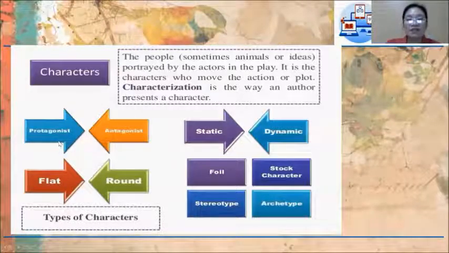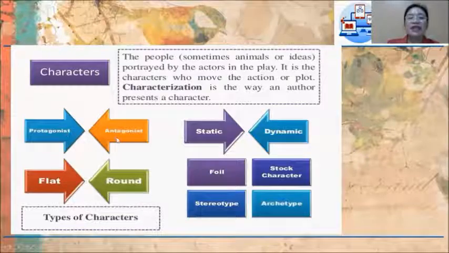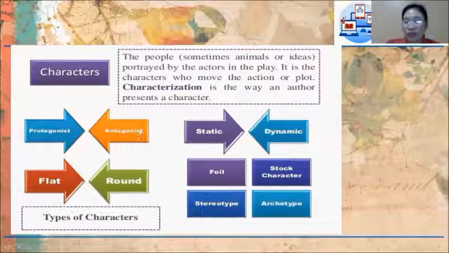Now, let's have first protagonist and antagonist. We all know that protagonist is the lead actor or the lead star. And then the antagonist, it is the villain or the villainess in the story. And then we have here the static and dynamic.